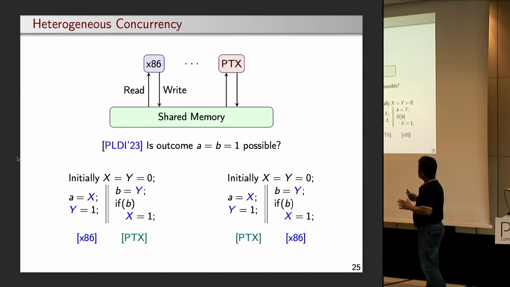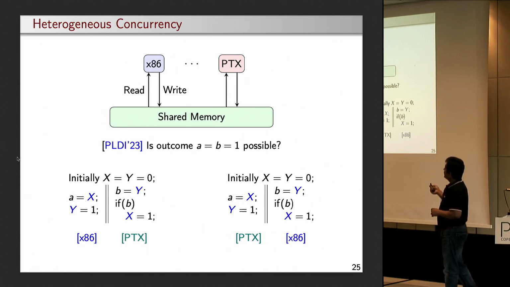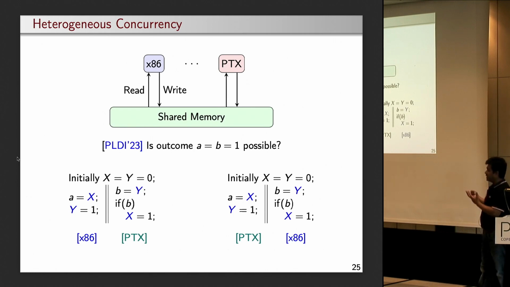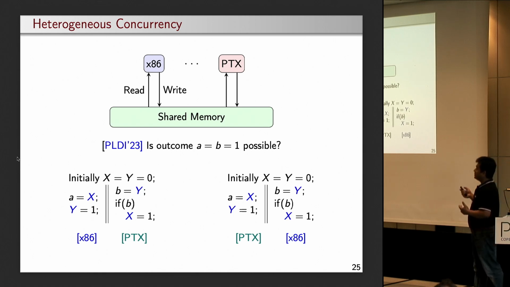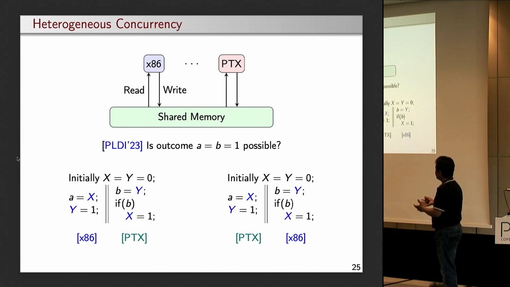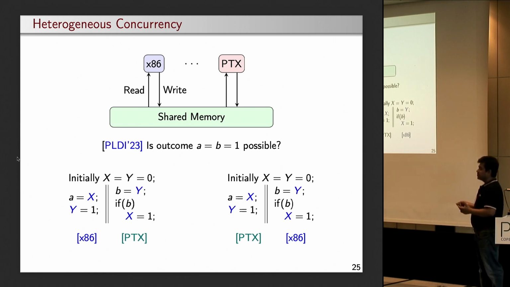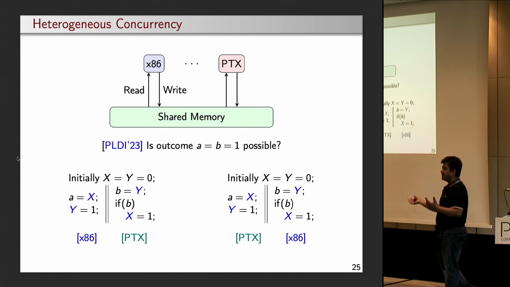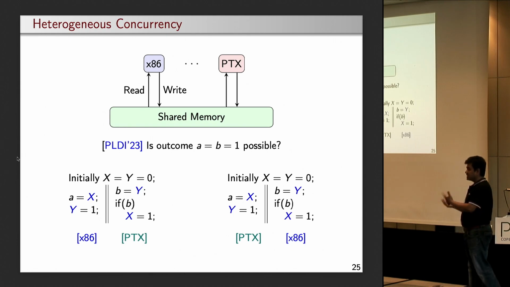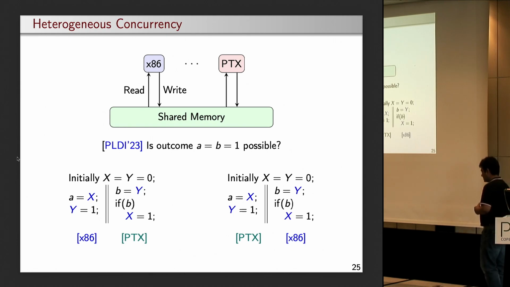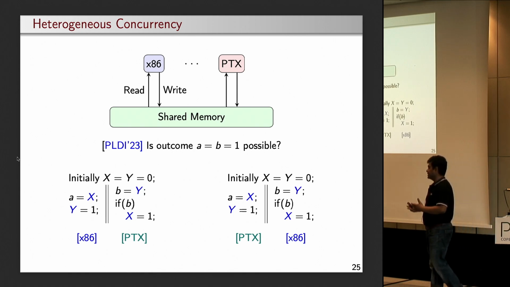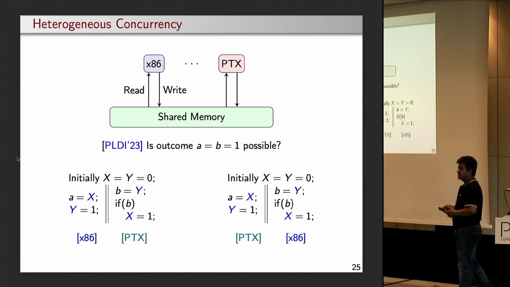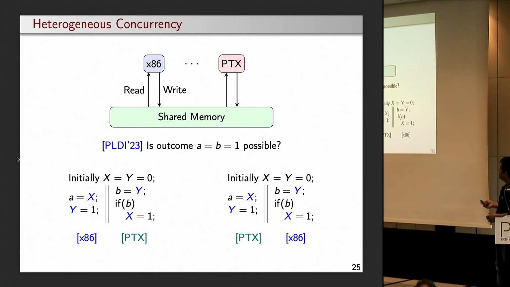So quickly, if we look at this particular architecture and this same program, suppose that we have a processor x86 and PTX connected through shared memory, then for the CPU-GPU architecture, what will be the behavior if the threads are scheduled in different types of processors? This is a question which I am investigating with some of my collaborators, which I find quite interesting.